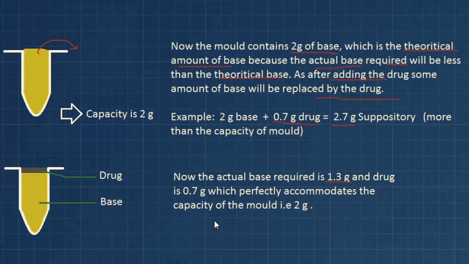So this is how the actual base is different from the theoretical base. The theoretical base is always higher than the actual base. When we sum up the theoretical base with the drug, the total amount of suppository will exceed the capacity of the mold, but that will not happen. Some amount of the base will be replaced by the drug, and there comes the displacement value, by which we can calculate the actual base that is required to form the suppository.